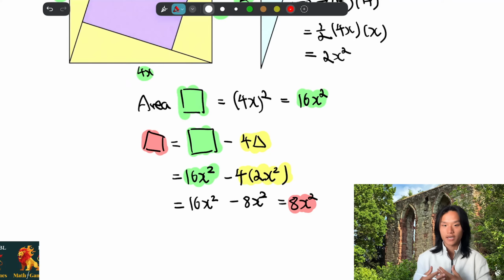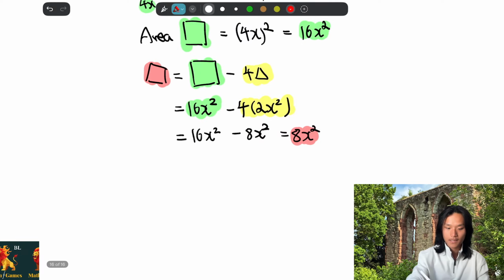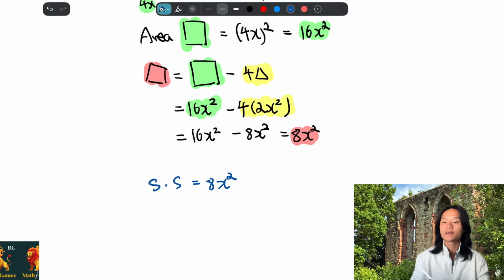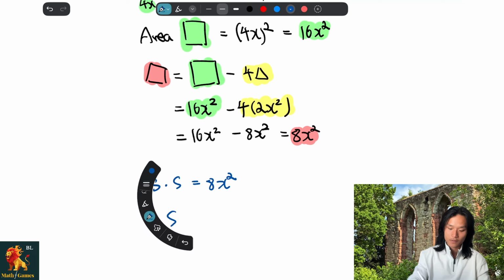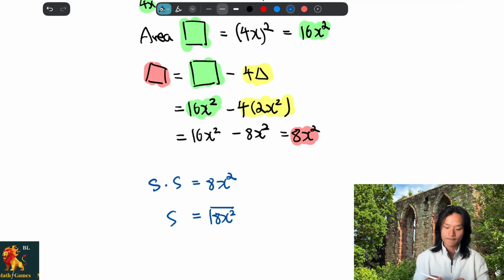So we can reverse engineer and find the side length of the square. Let's say the side length is s. We know s times s equals 8x squared. So to find s, we just have to take square roots on both sides.